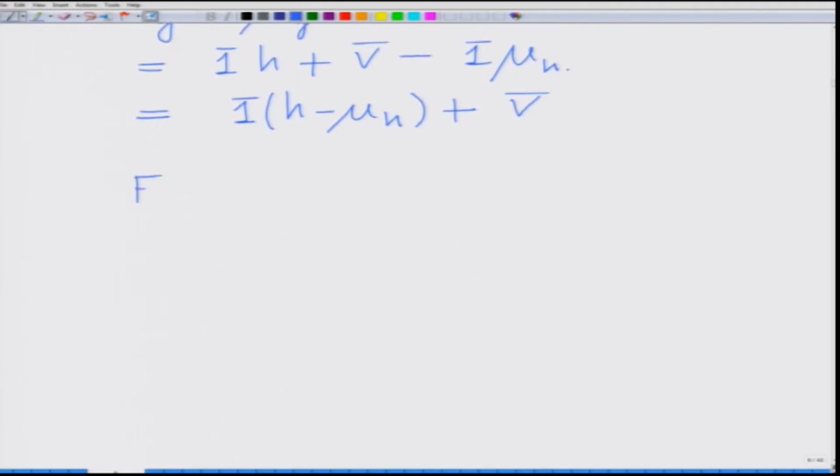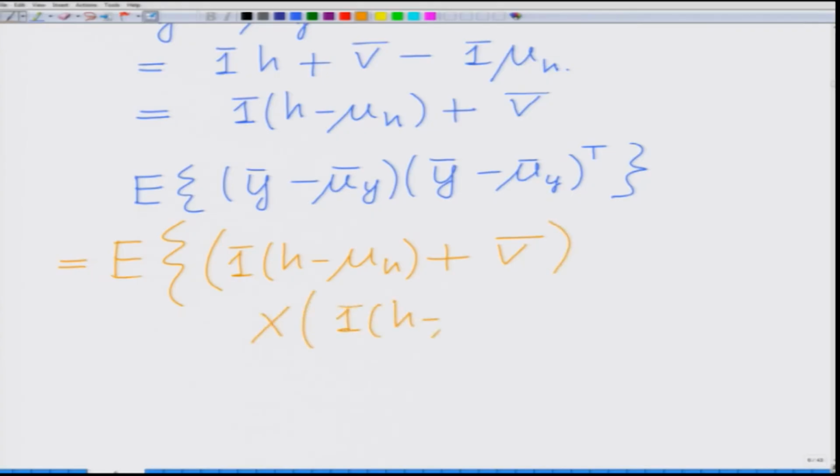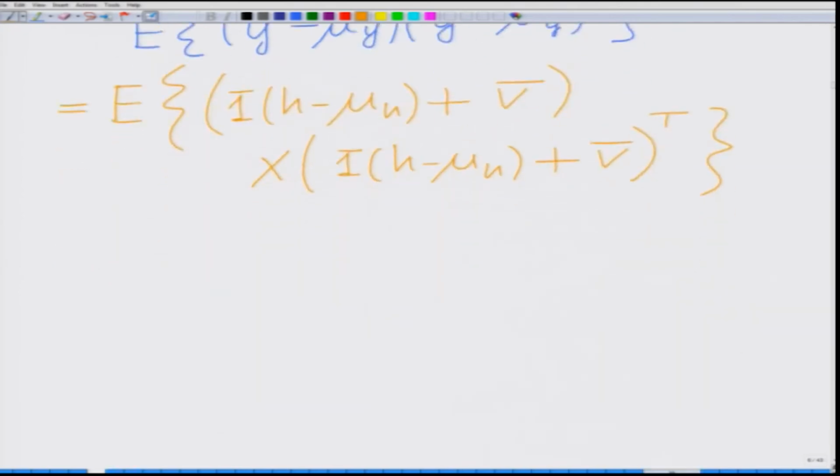Now, it is slightly messy, but fairly easy to derive: the expected value of y bar minus mu bar y times its transpose is the expected value of 1 bar times h minus mu of h plus v bar, into the product of 1 bar times h minus mu h plus v bar, transpose.